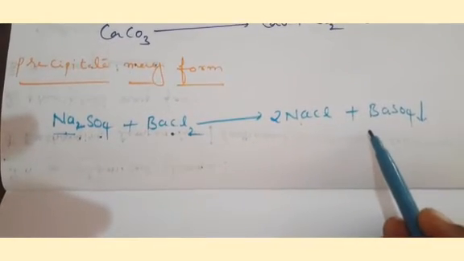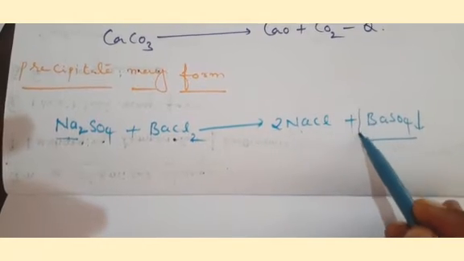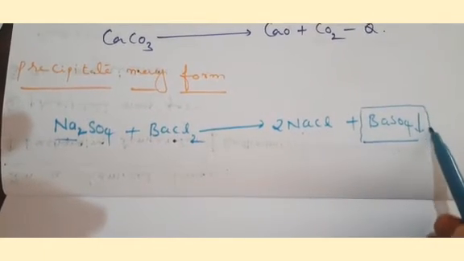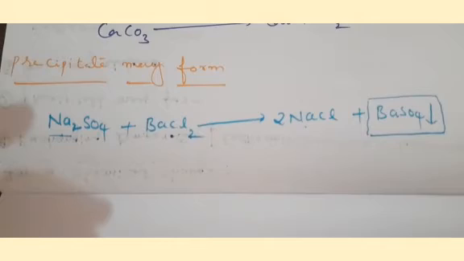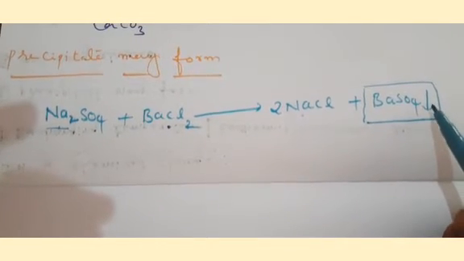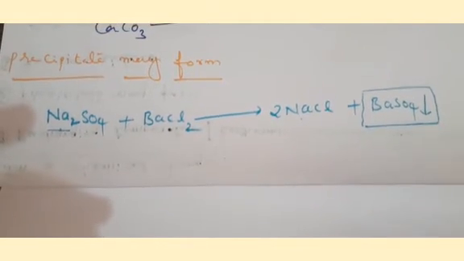So barium sulfate is a precipitate. It is an insoluble substance in the given solution. So the downward arrow mark indicates a precipitate is formed.